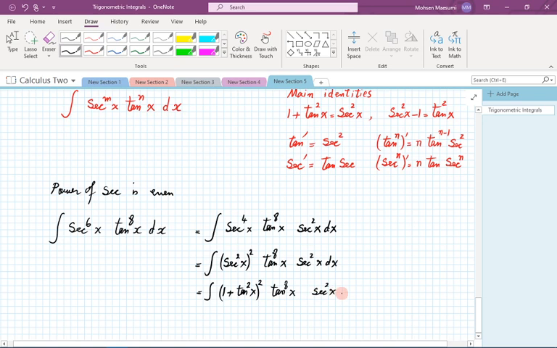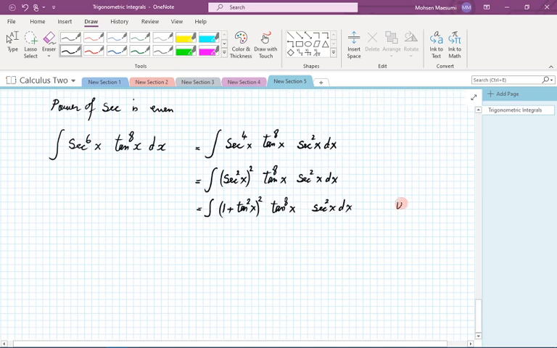That is the magic that makes it work. If I make a substitution that u is tangent of x, then du will be secant squared of x dx, and as a result this is going to be 1 plus u squared, squared, then u to the 8, and then du.